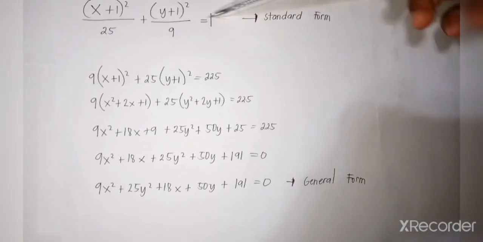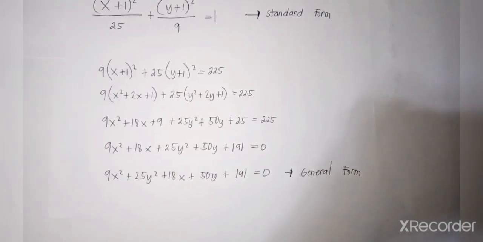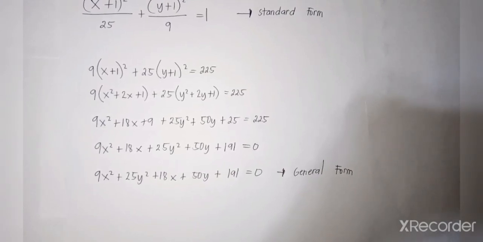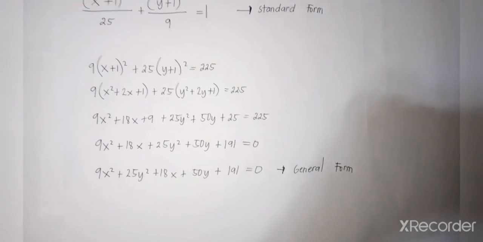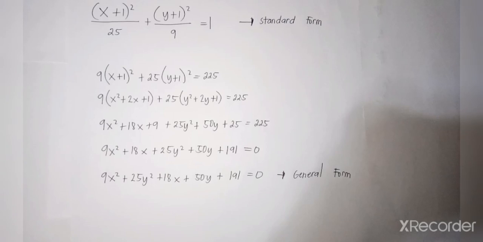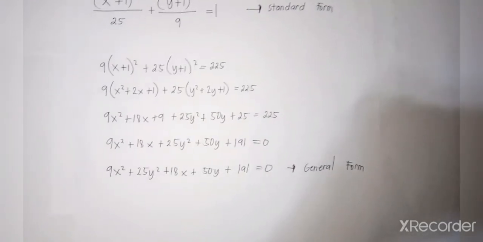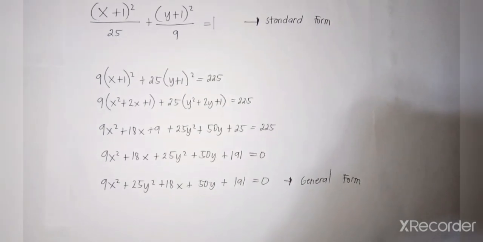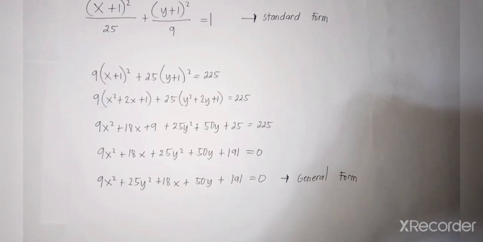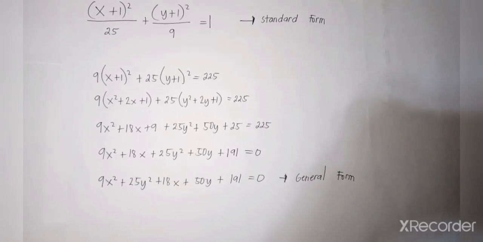Now let's simplify. 9 times the quantity of x squared plus 2x plus 1 plus 25 times the quantity of y squared plus 2y plus 1 is equal to 225. 9x squared plus 18x plus 9 plus 25y squared plus 50y plus 25 is equal to 225. Now let's transpose the 225 and equate to 0. 9x squared plus 18x plus 25y squared plus 50y plus 191 is equal to 0.